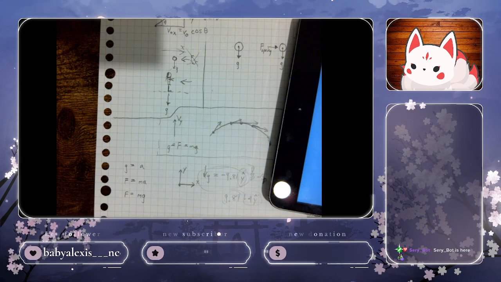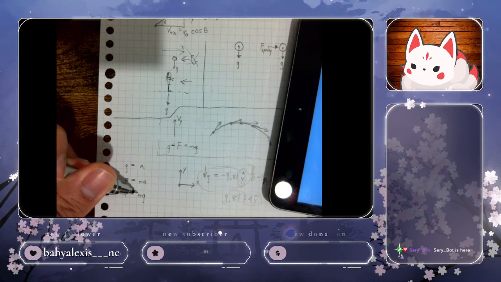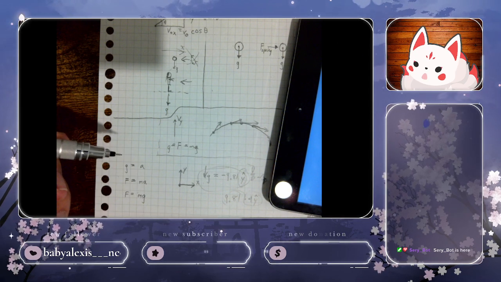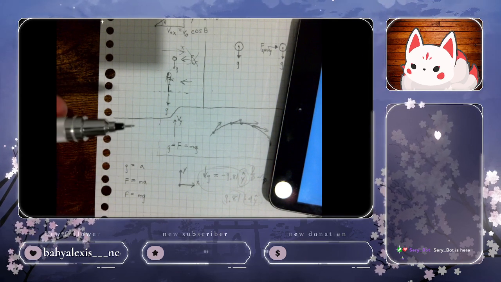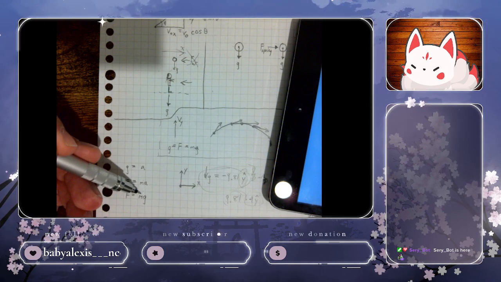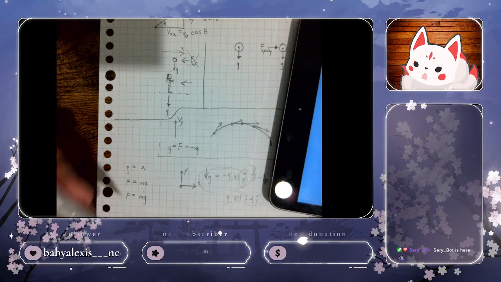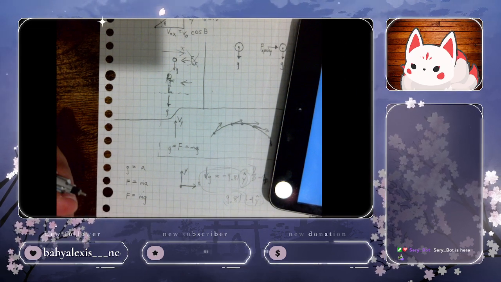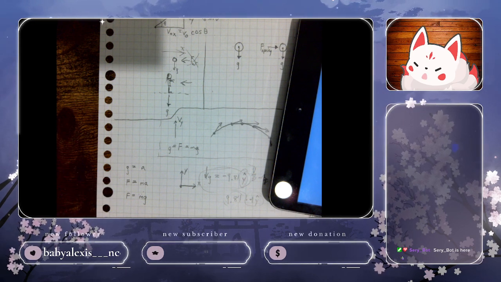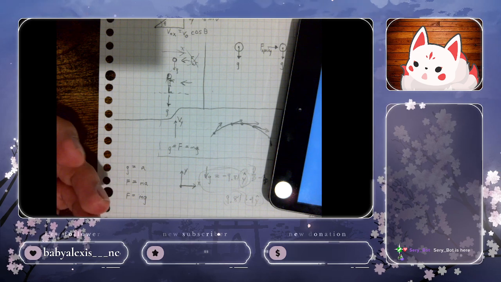G is always going to be 9.81, the acceleration caused by gravity. However, the heavier an object is, the more mass it has, the larger the force that gravity puts upon a body. So that's why something heavier could fall faster. Just more force is applied to that object.